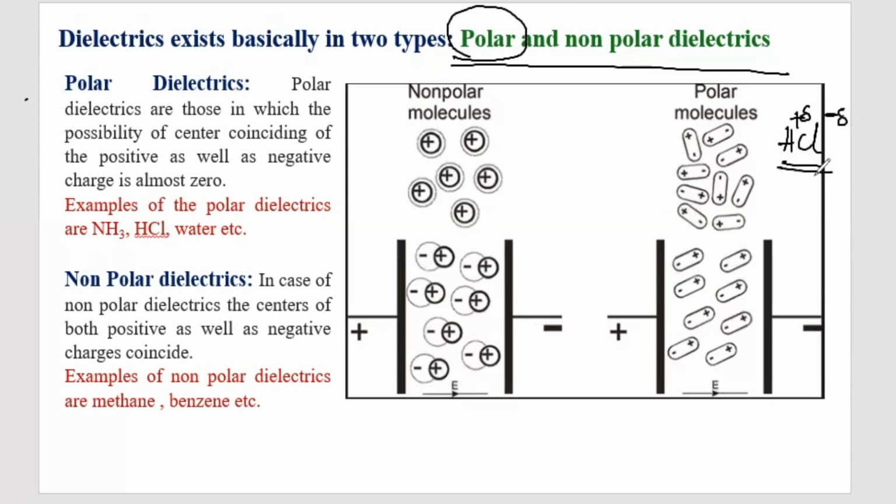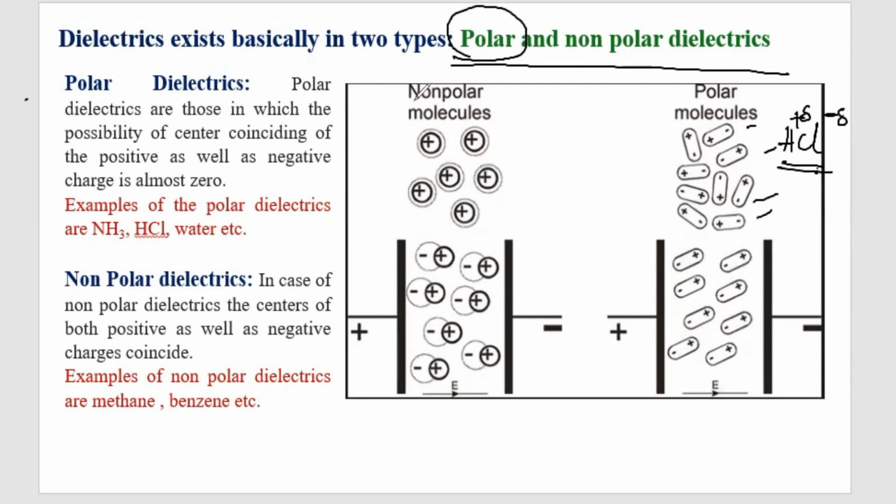So this already has some polarity. In the absence of electric field, they are randomly oriented in their own directions. But when they are placed inside the electric field, they will align in a particular direction, like negative charge getting attracted towards the positive charge and positive charge getting attracted towards the negative charge.